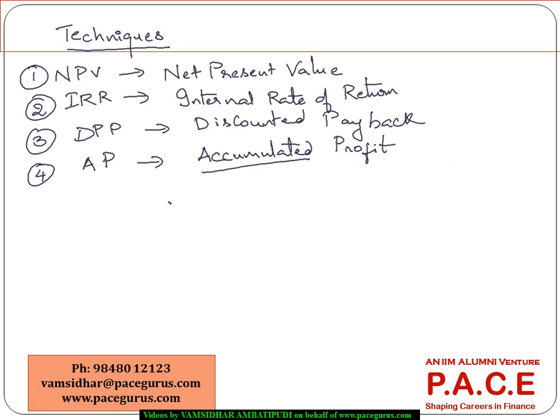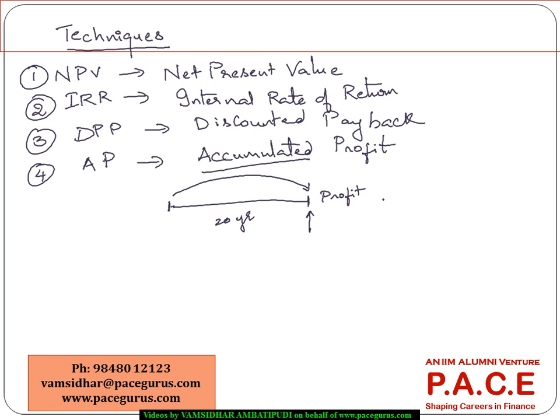I'm not looking at the day of start of the project. If I'm talking about a 20-year project, I'm primarily looking at, after all expenses, what is the cumulative profit that comes at the end of the project?